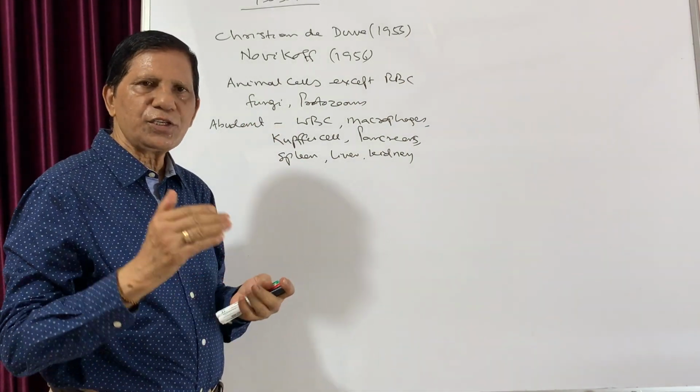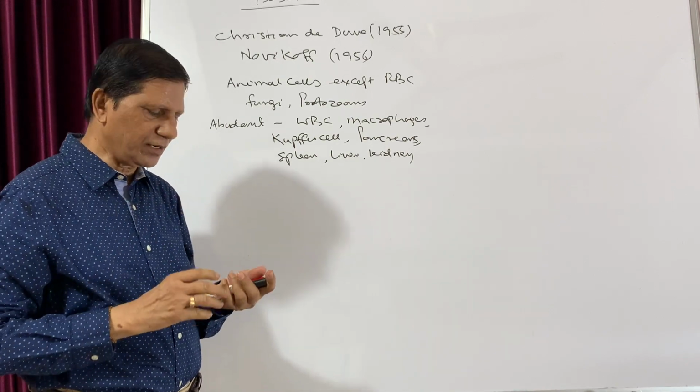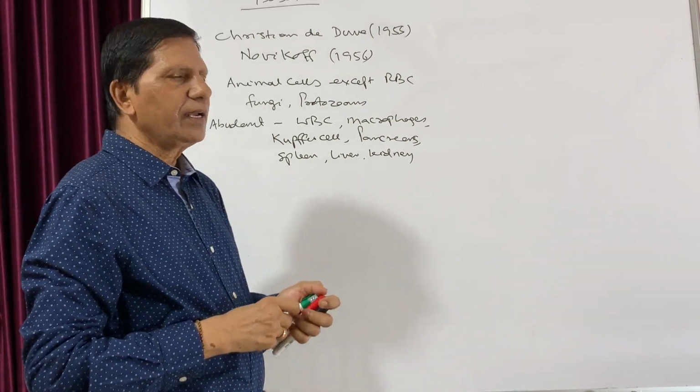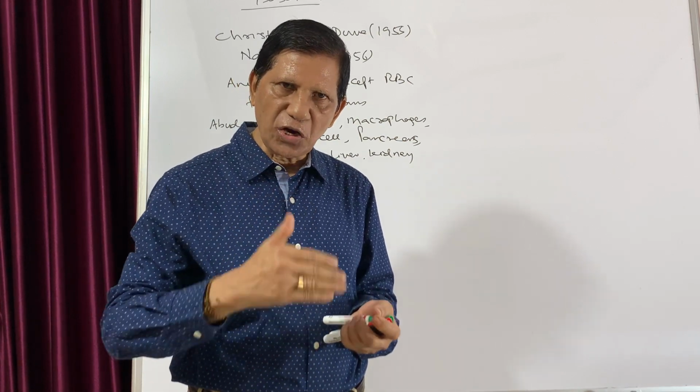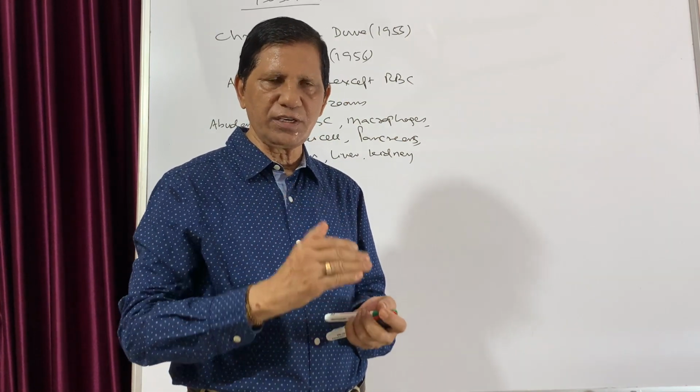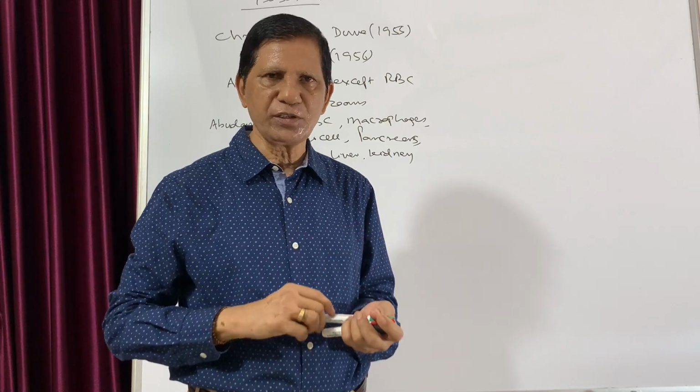Now, what is the structure, function, all these things let us discuss. Usually, the lysosome is produced from the Golgi bodies through the GERL system that we have discussed in the previous video.